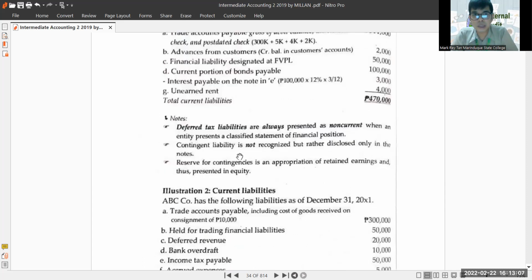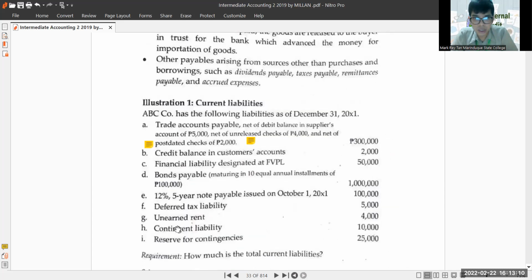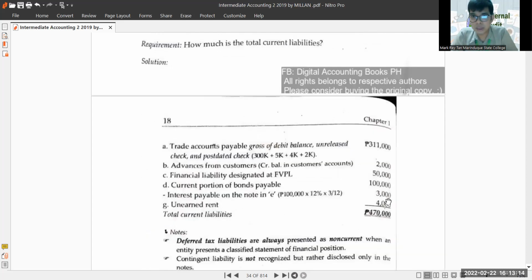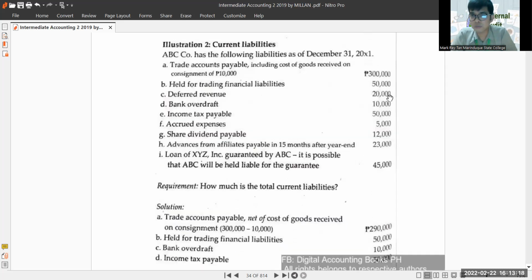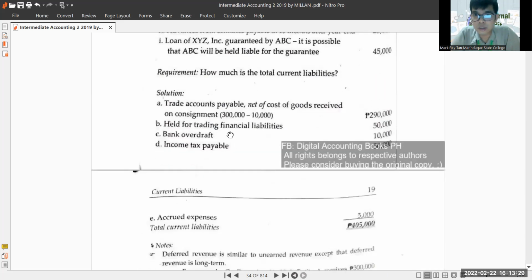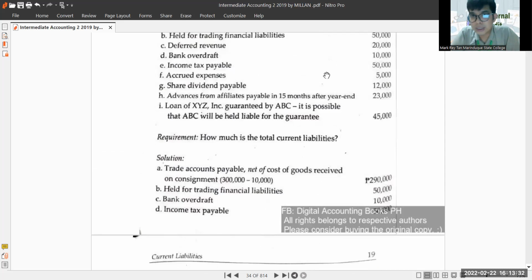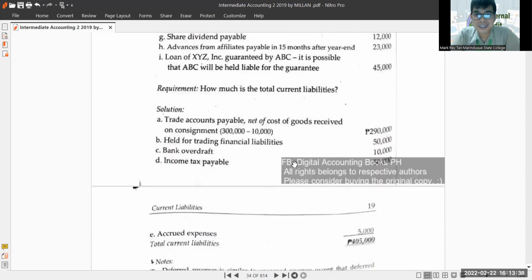Diba kanina sa first example, unearned rent, 4,000. That's part of current liability. Ngayon, pagdating dito sa deferred revenue, for me, it's just the same as unearned revenue. So for me, it should be considered as current liability. Kaya lang, upon looking dito sa solution, wala akong nakitang 20K. So parang mali yung author. Yabang ko, mali yung author hindi ako.